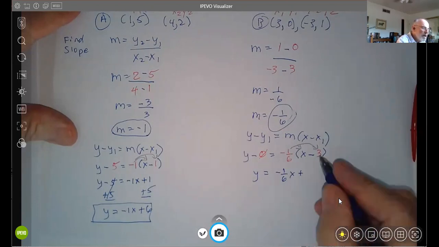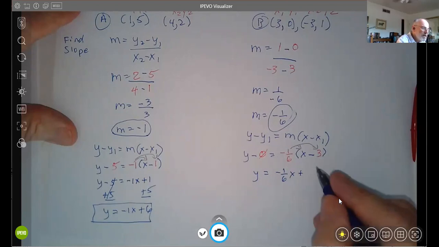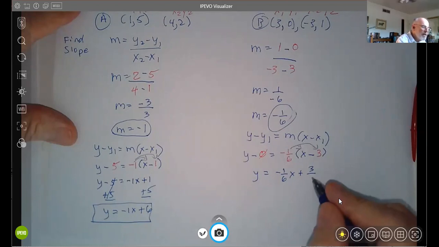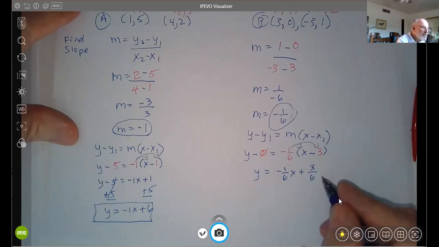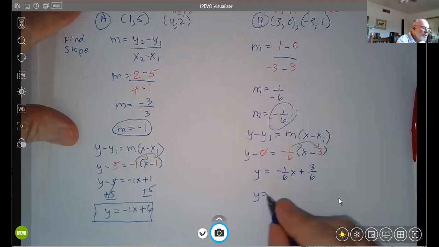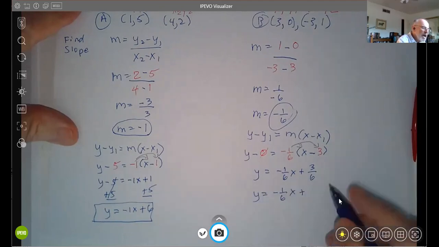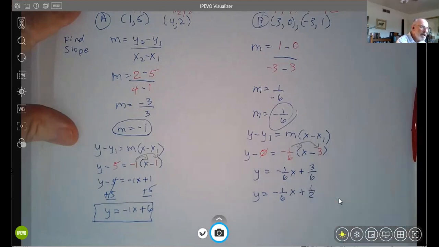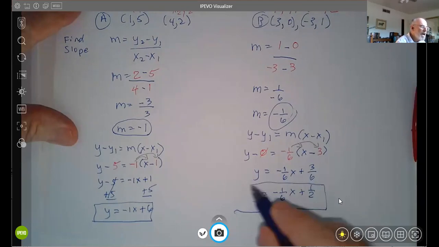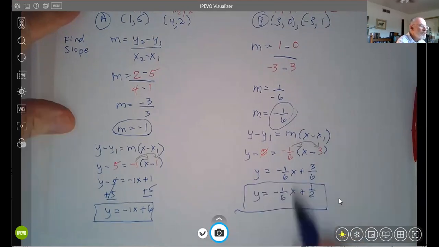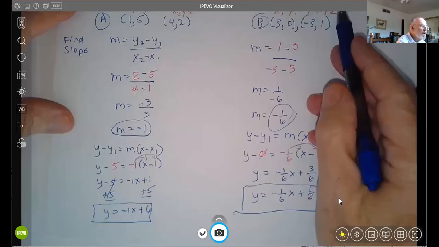And then I've got the numerator, 3 times 1 is 3 over 6, okay? And 3 over 6 can simplify to 1/2, so you get y equals negative 1 over 6x plus 1/2. And you're done. Okay.